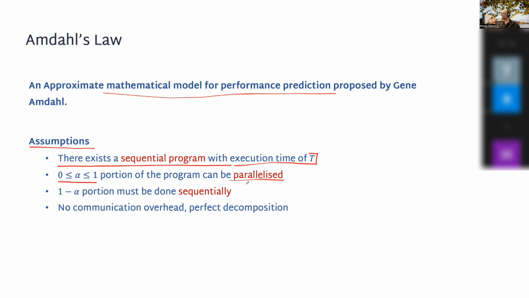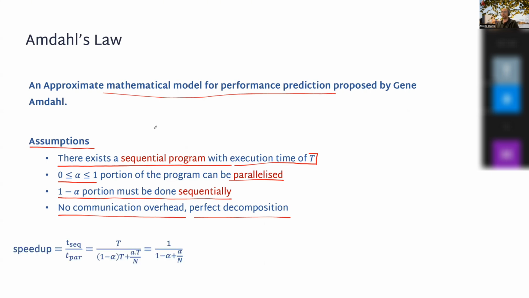So for example, if alpha is 0.6, we know that 60% of our program can be parallelized. And 1 minus alpha, in my example 0.4, must be done sequentially. And in this law, we do not assume to have communication overhead and everything is perfect, right? So these are the main assumptions considered by Amdahl's law.